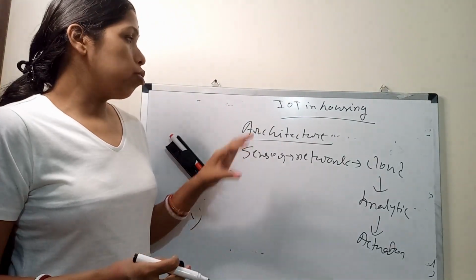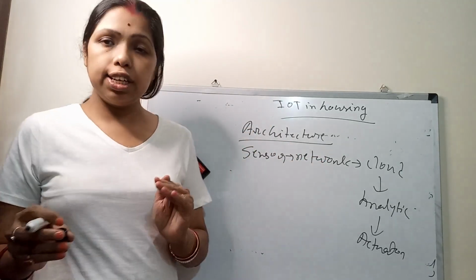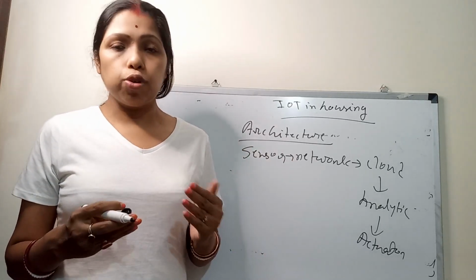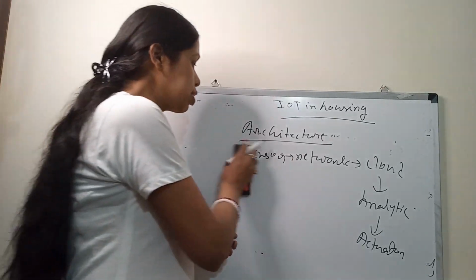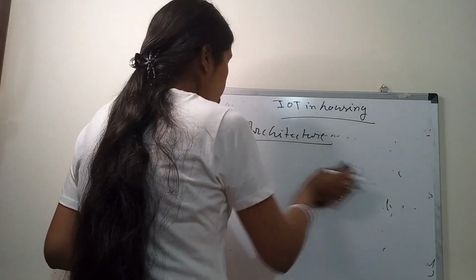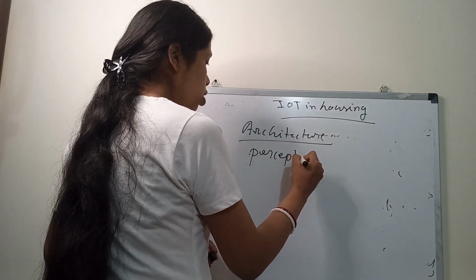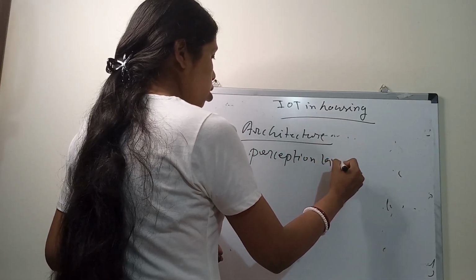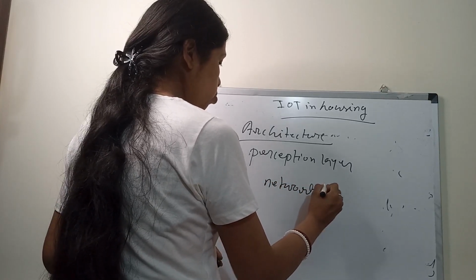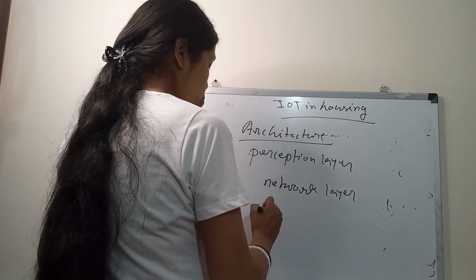But when you come to IoT in housing application, you need only three layers. Three layers can give the entire IoT output. So what are the three layers? First is the perception layer, network layer, and then application layer.